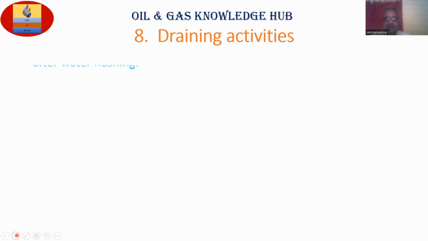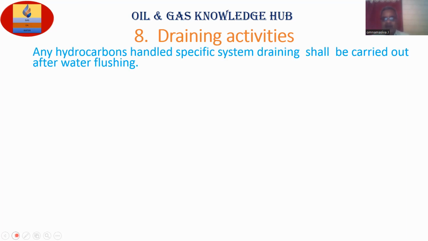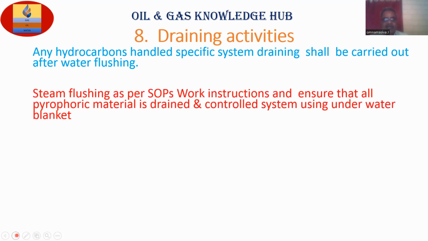Let us see. For any hydrocarbon-handling system, draining shall be carried out after water flushing. Next point: steam flushing as per SOPs and work instructions, and ensure that all pyrophoric material is drained under a controlled system using an underwater blanket.